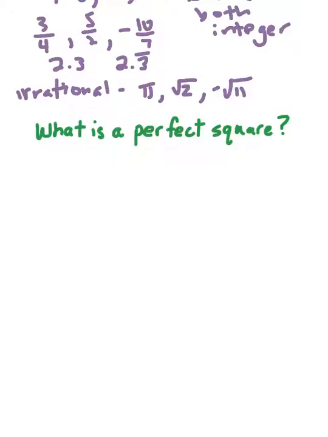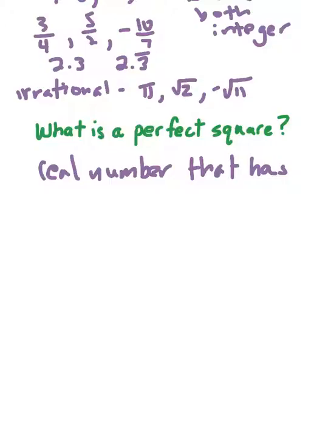So cutting straight to the essence of what a perfect square is, it's a real number that has a rational number square root.